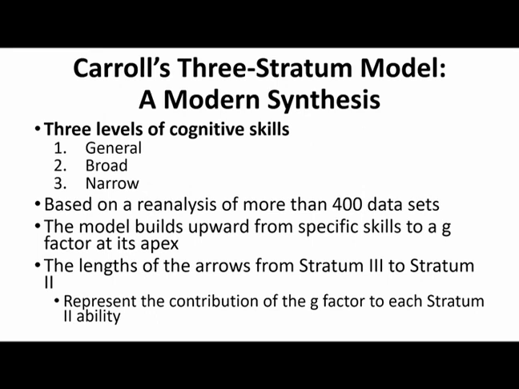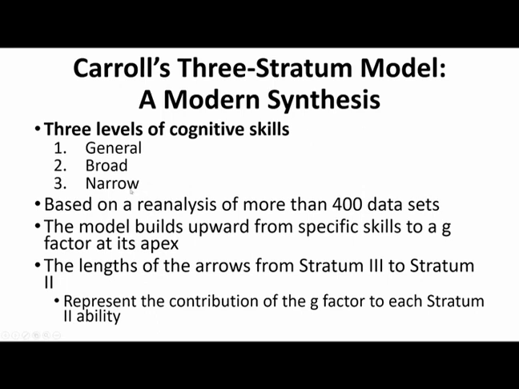So he took the three models that we've already talked about and condensed them into a single model. He called this the Three-Stratum model, or the Three-Stratum theory of cognitive abilities. And so his three strata, his three levels for these cognitive abilities were general, broad, and narrow.